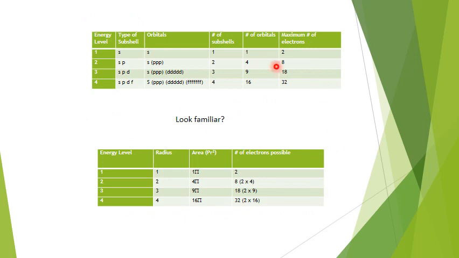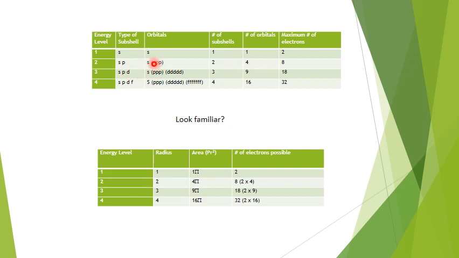All right, so let's piece it together. Energy level 1 has an s subshell, which inside the s subshell is an s orbital. It only has one type of subshell, has 1 orbital, and you can put a total of 2 electrons in it. Energy level 2 has 2 types of subshells, s and p. It has 4 orbitals, 1 s and 3 p's.